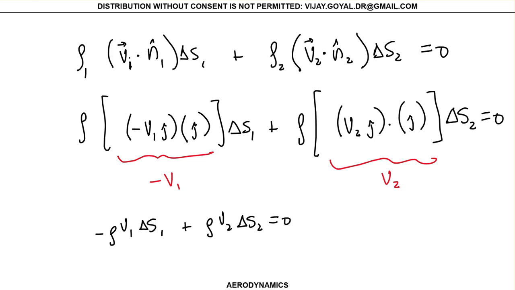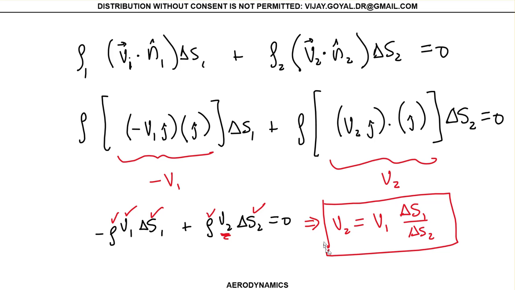In this problem, I know V1, I know rho, I know delta S1 and delta S2, so I can find what I do not know. Solving for V2, V2 equals V1 delta S1 divided by delta S2. This is the value of V2 that I need in this problem.